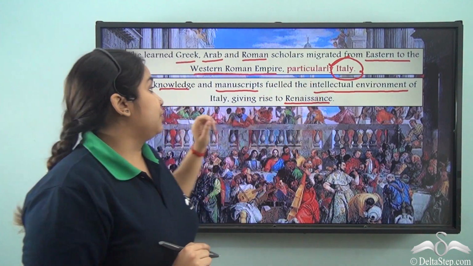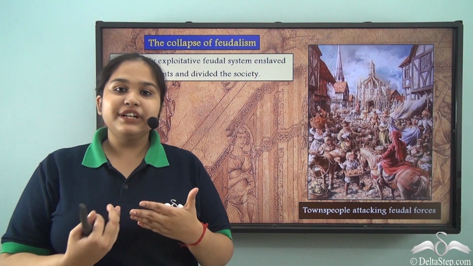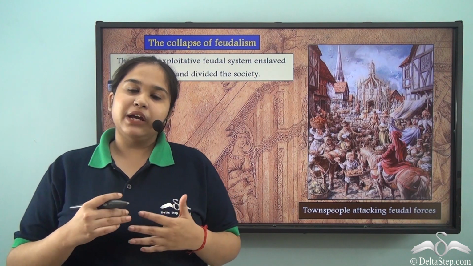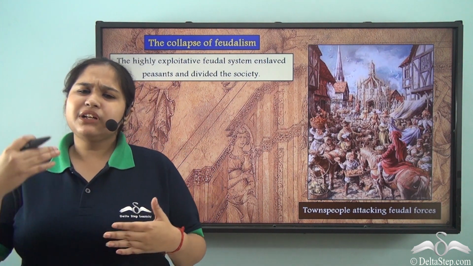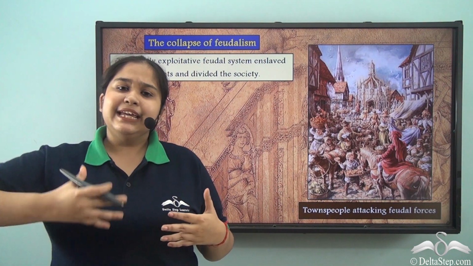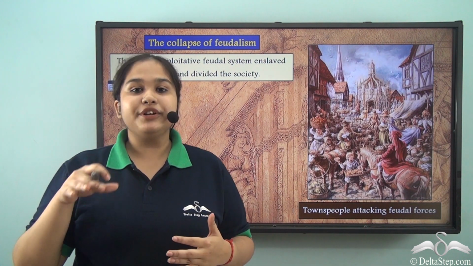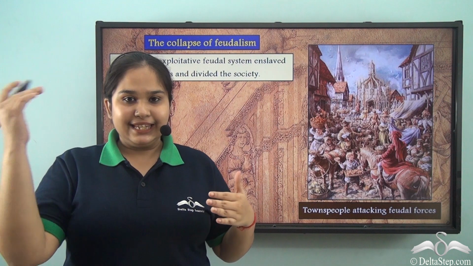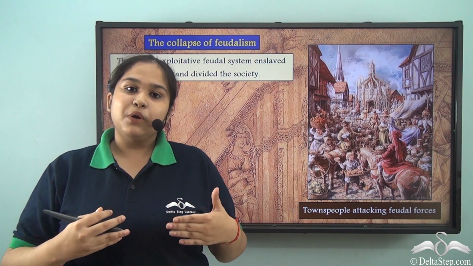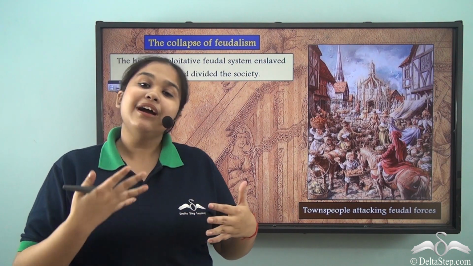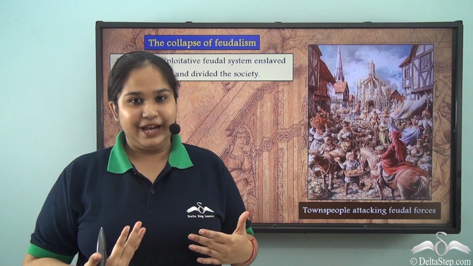If you remember, we have already studied the rise of feudalism and the feudal structure, where the kings were placed in the highest order of the hierarchy and the peasants were in the lowest, right? Now, this entire hierarchy or structure was essentially linked to the land, where a lord relationship was developed.